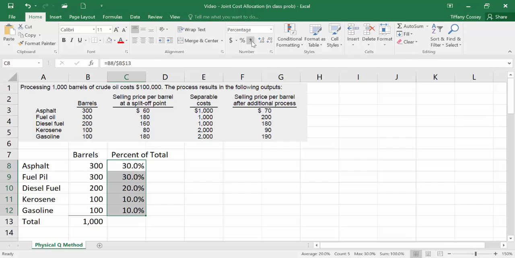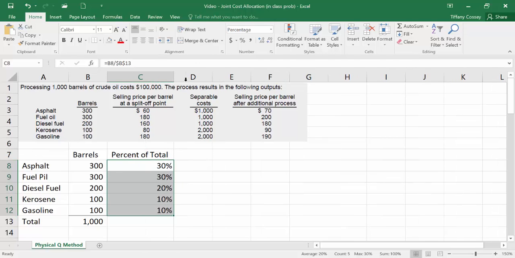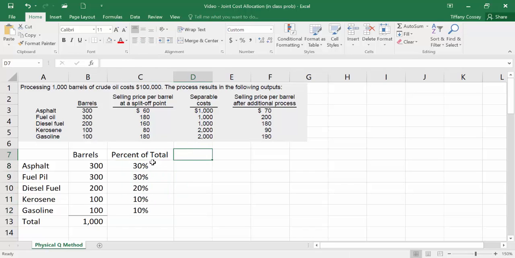Those are pretty even percentages, so I'm going to take the extra decimal places out of there. Okay. And then I'm just going to take that percent and multiply it by my total joint cost. And the joint cost would be the cost of all of the barrels of oil.